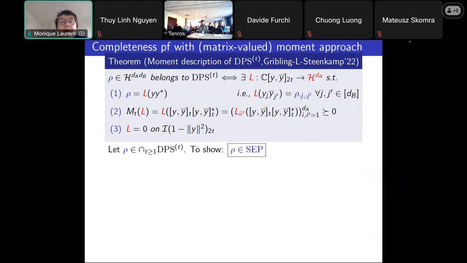And here is, in a nutshell, how you would show completeness. Suppose you have a rho which lies in all the sets and you want to show that it's separable. So for each t, you have a certificate L_t, a linear functional which satisfies the three properties.